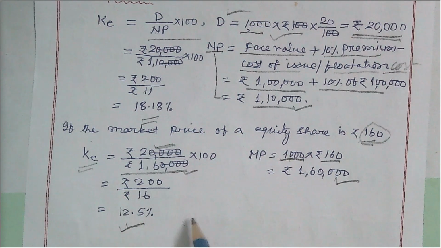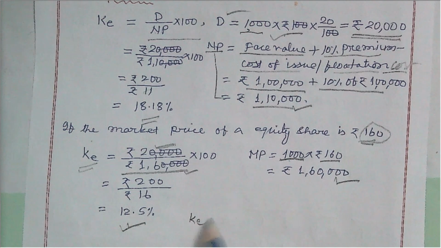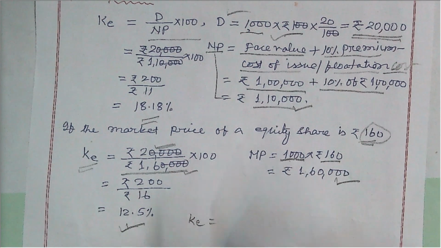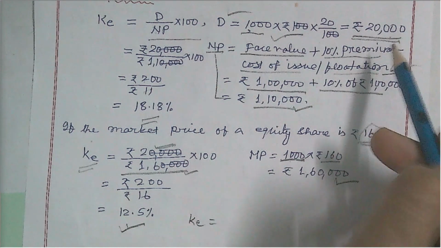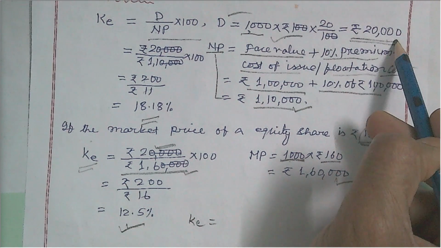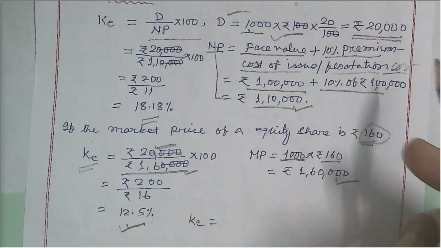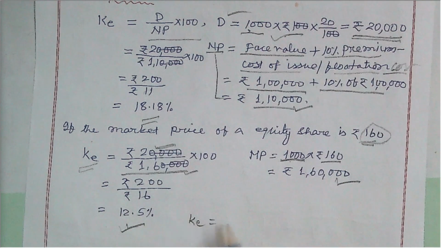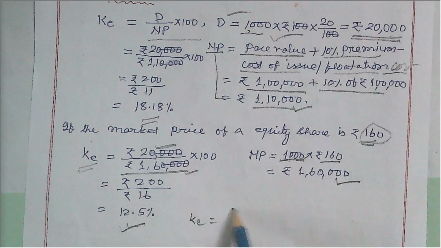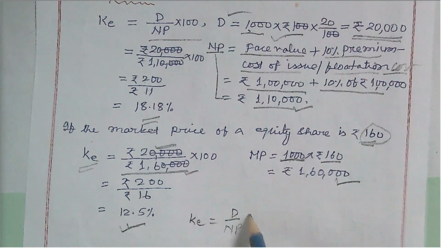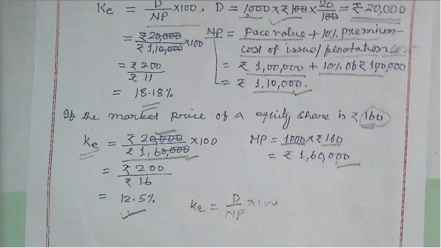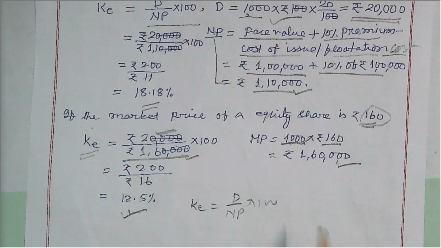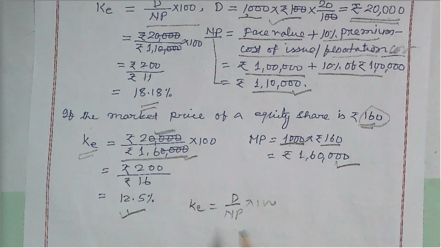K equals D by NP into 100. The dividend of 20,000 is given on 1,000 shares, so on one share the dividend amount is 20 rupees. By taking one share price instead of 1,000 share price, even then you will get the same answer.